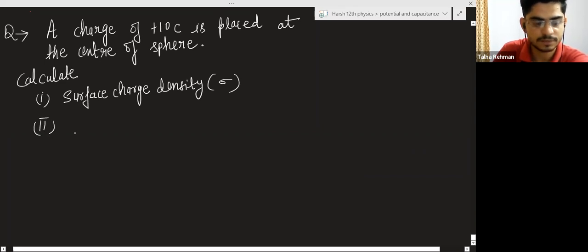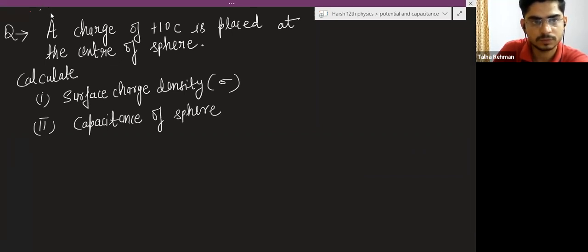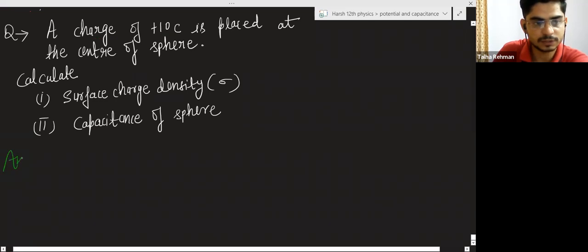Second is the capacitance of the sphere. So we have to calculate this.